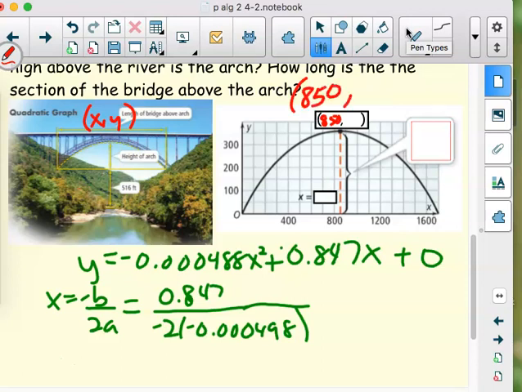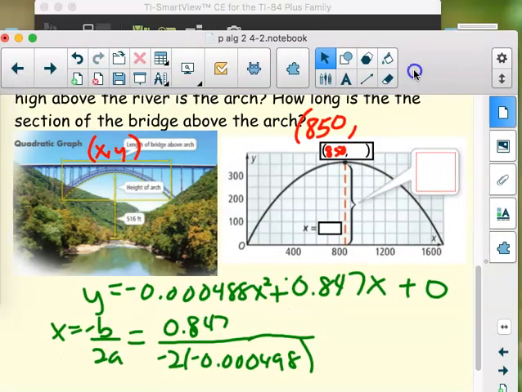So now I can tell them how far across it is, but that wasn't the first thing they asked me for. The first thing they asked me for was the height. So that comes from the y. So what do I do with that 850 so I can find the y? Go ahead and unmute yourself so you can answer me. Plug it back in. Exactly. Unfortunately, we got to plug it back into that really nasty equation.